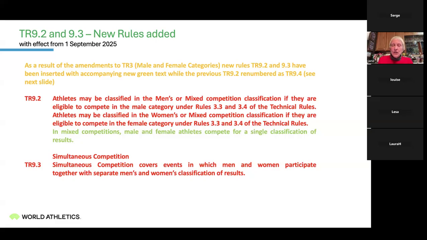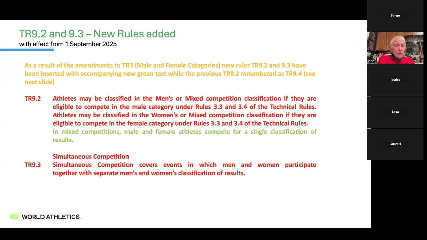So you combine the two, but you have two separate result sheets. So for the 5,000 or 10,000, let's say men and women run together, but the results are separated out into men and women. It's the old mixed, right?